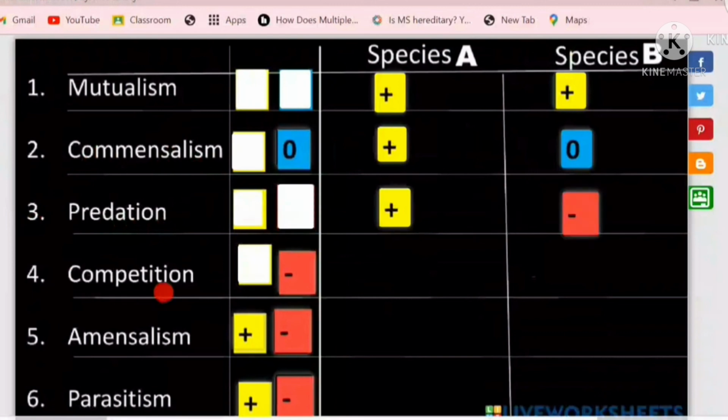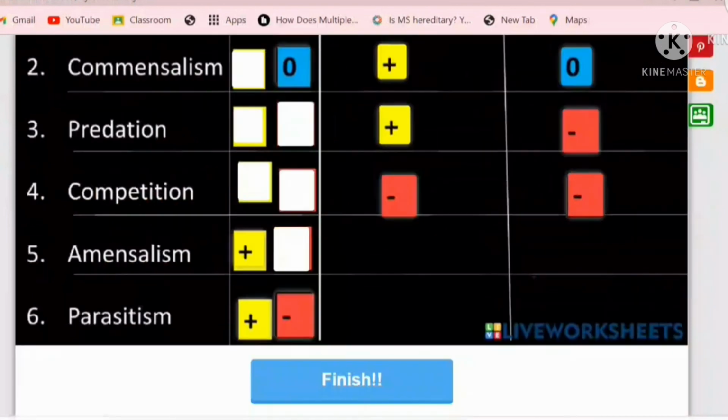The next is competition. In case of competition, both the competitors will get harmed because whenever they compete for food, they both attack each other and ultimately they get injured. So there is loss for both of them. The next is commensalism.